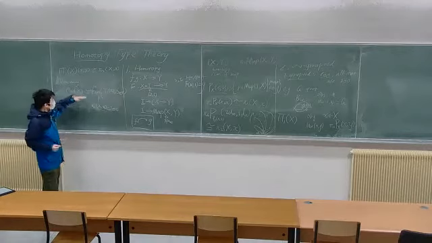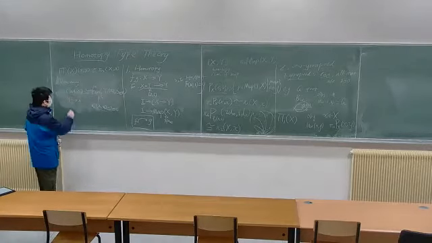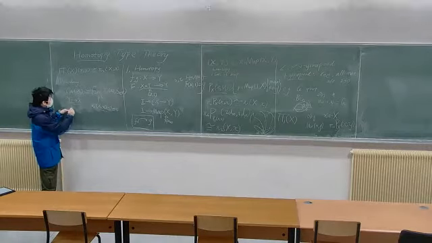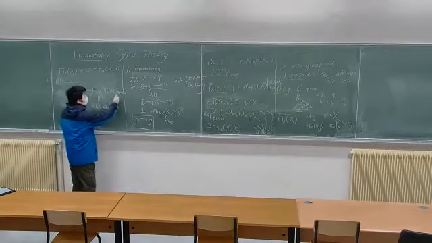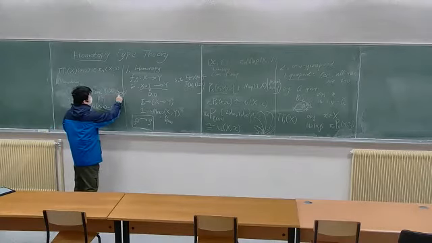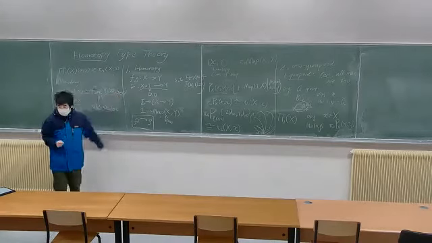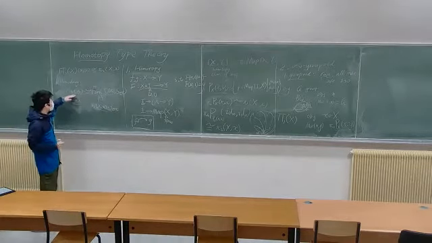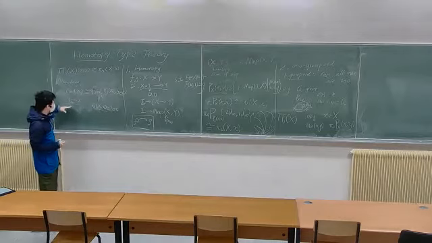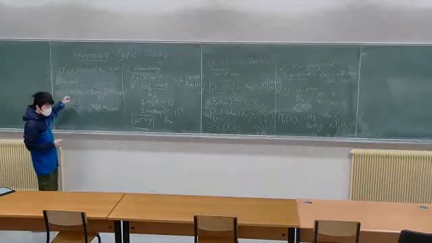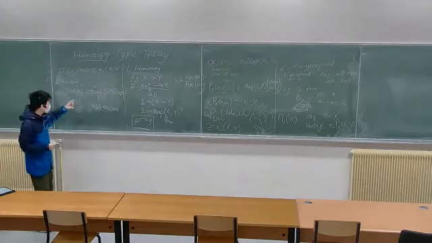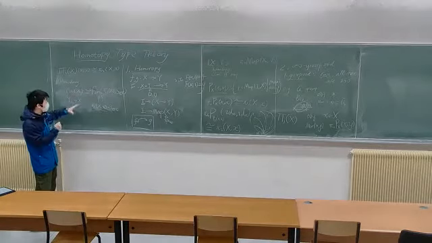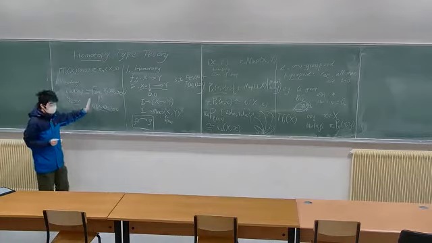This may help you see that something over X can be classified by a groupoid to set functor. But this is not enough, since we can only classify covering spaces, whose fiber is just a set. If you want to classify more complex fibers, like a vector bundle, this is not enough.